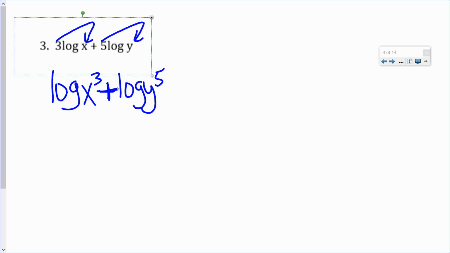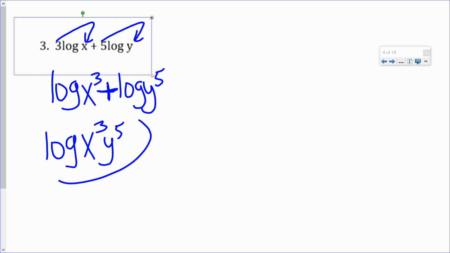Addition becomes multiplication. I write log once. There is no base, of course, it has the imaginary 10. And I multiply. So x cubed times y to the 5th is just x cubed y to the 5th, and you're done. So apply the power rule first. If you see a coefficient, bring it back into the exponent. And then you combine them, write log once, addition becomes multiplication.